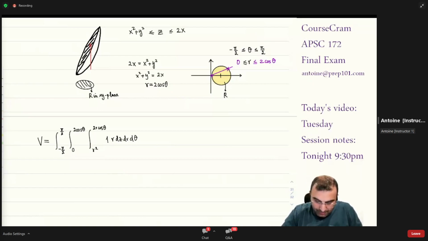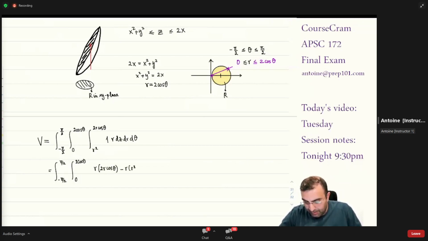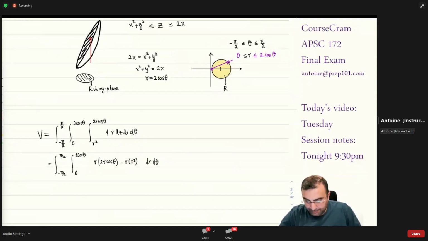So this is the integral from minus pi over 2 to pi over 2, the integral from 0 to 2 cos theta. The integral of r dz is rz, but I'm going to put the bounds for z right away: 2r cos theta minus r squared, dr d theta.